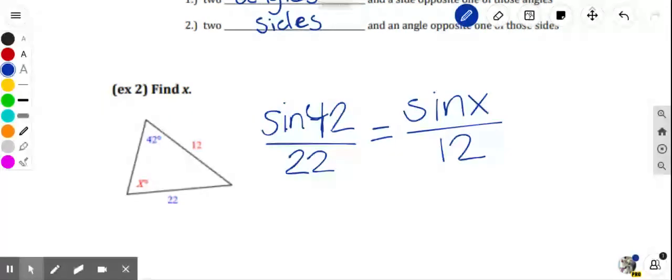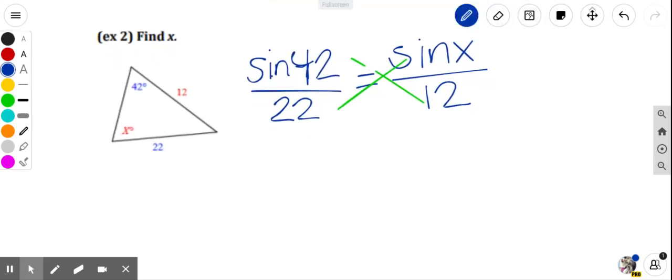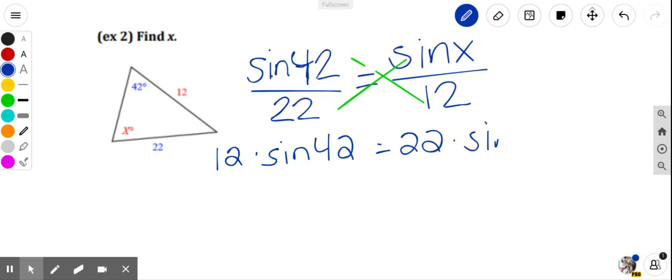So now to solve, the easiest way to do it is just to cross multiply. This turns into 12 times sine of 42 equals 22 times sine of x. Well, actually, we're going to wait for the calculator.